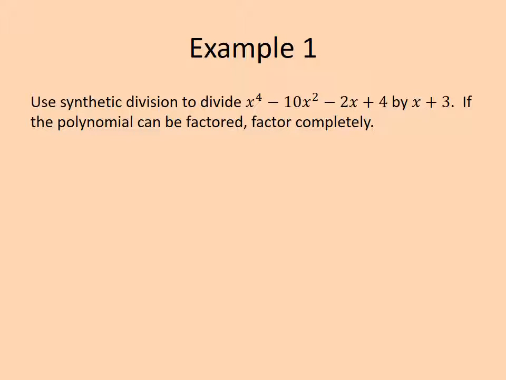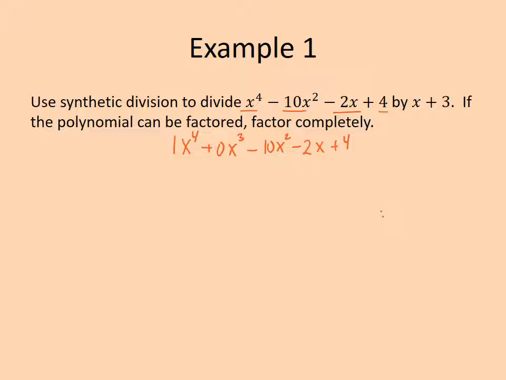To do synthetic division, unlike polynomial long division, you use just the coefficients for your polynomial. But just like long division, you must order them from the largest to the smallest and put in a placeholder if one's missing. So our polynomial is 1x to the 4th plus 0x to the 3rd minus 10x squared minus 2x plus 4.